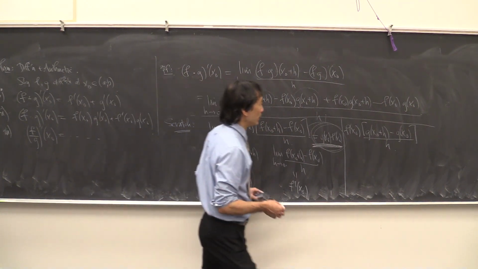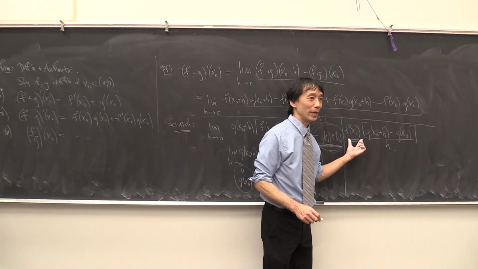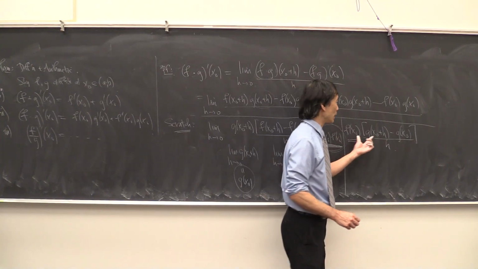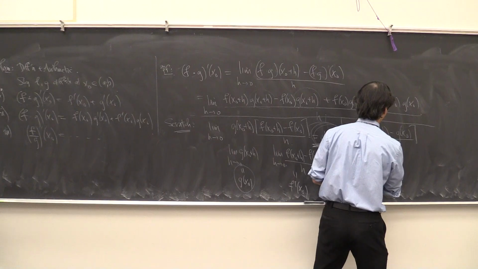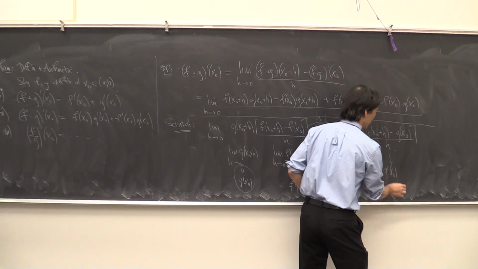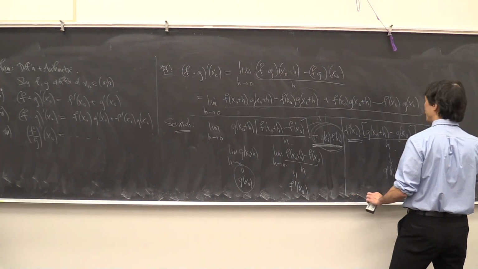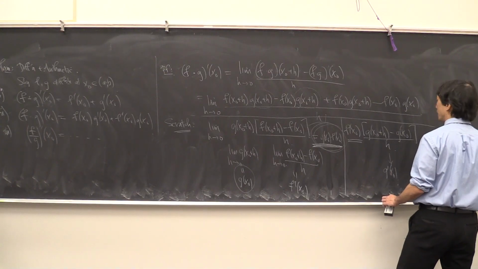And then we do something similar over here. It's easier over here because this term doesn't change at all. As h goes to 0, this term just sits there. So this is a constant, and this term, of course, is g prime x naught. And so we end up over here. This thing goes to f of x naught g prime x naught.